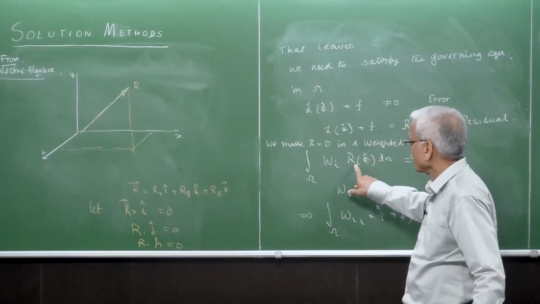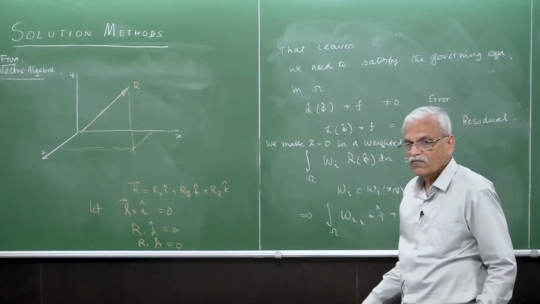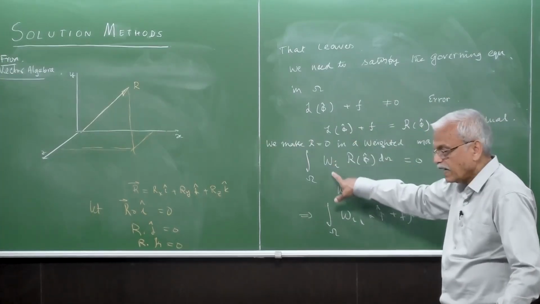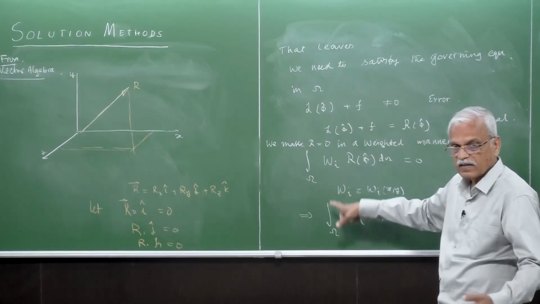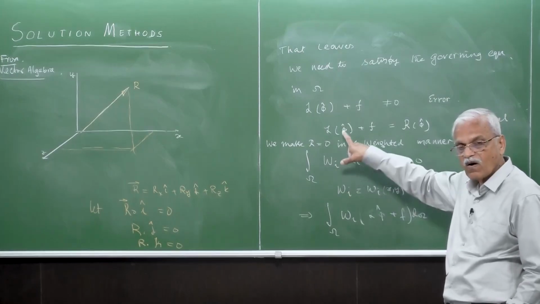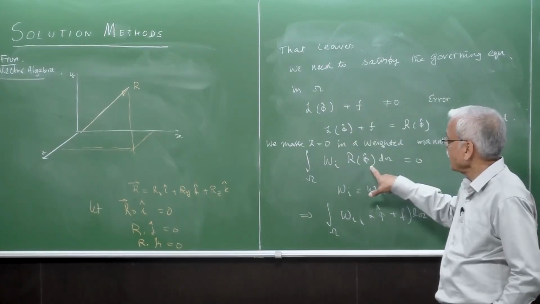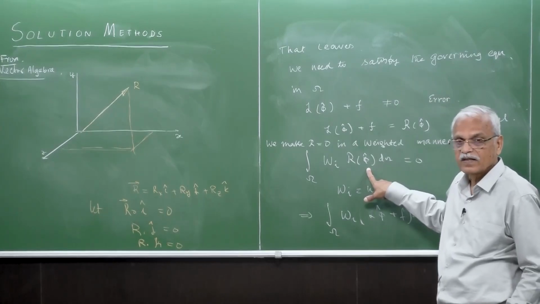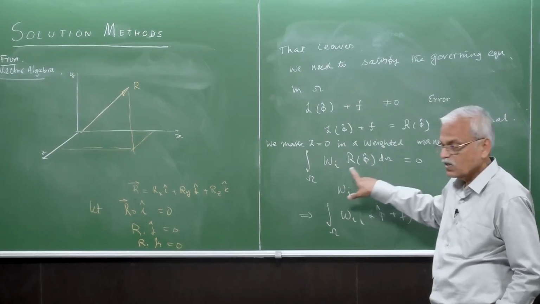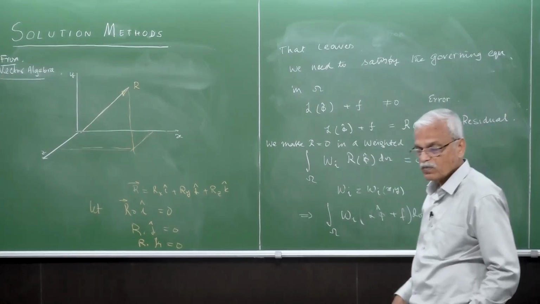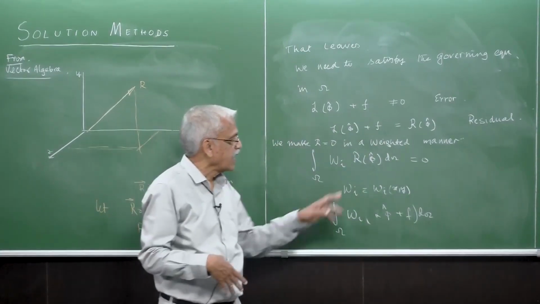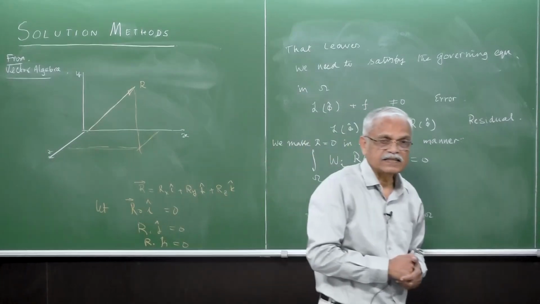If this W is itself a set of functions by which we can construct any general function, and the projection is 0 along all those functions, then R has to be 0 in total, right? Its projection along W1 is 0, along W2 is 0, along W3 is 0. So if the projection of R along all these functions is 0, then R itself is 0 in a total sense.